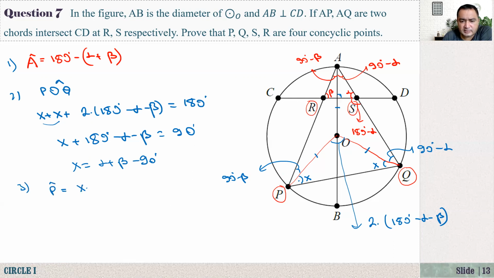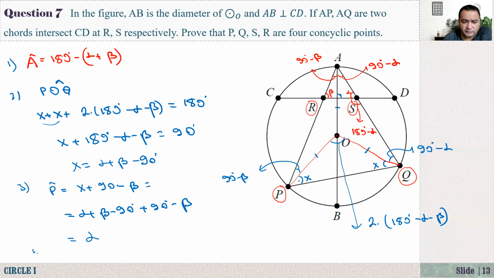Angle P is x plus 90 minus beta. So what is x? x is alpha plus beta minus 90, plus 90 minus beta. If you simplify this, minus 90 and 90 cancel each other, and beta minus beta is 0, and only alpha is left.